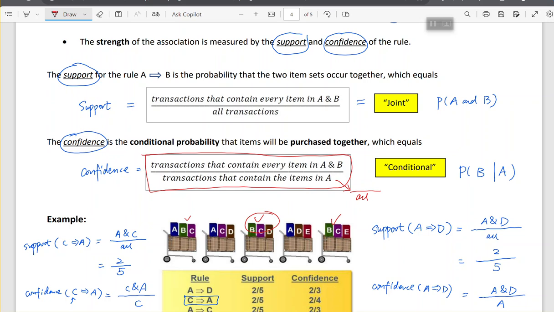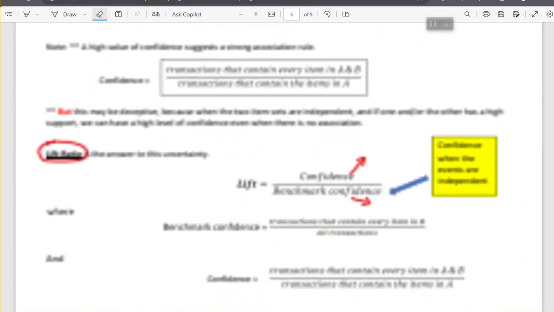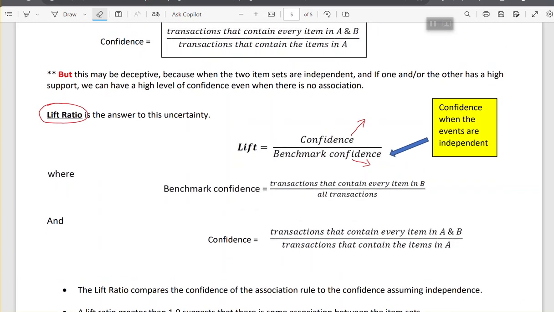The same thing for the top. If you don't care about A, that means A will be deleted. I don't need to care about A anymore, so the top will be just about B. This is the idea of the benchmark confidence.